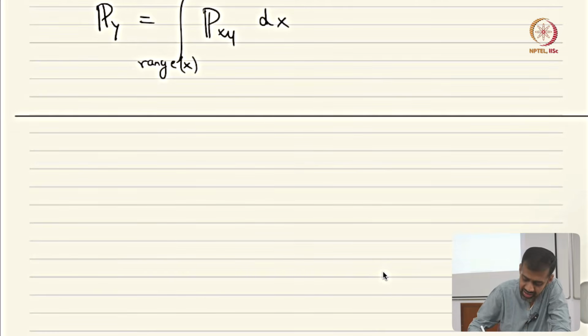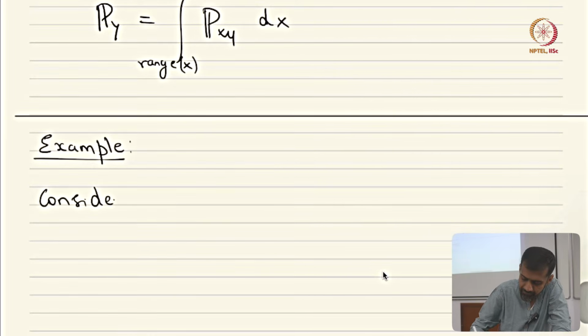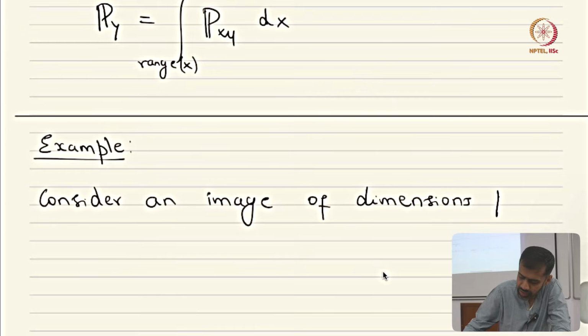Okay. So now let us consider an image. So let us take an example. Consider an image of dimensions p cross q, where p, q are arbitrary numbers.